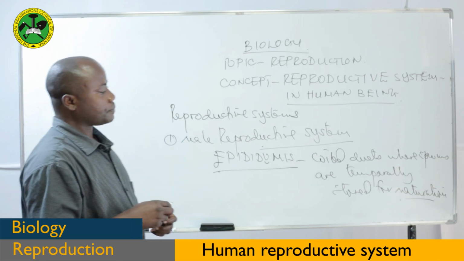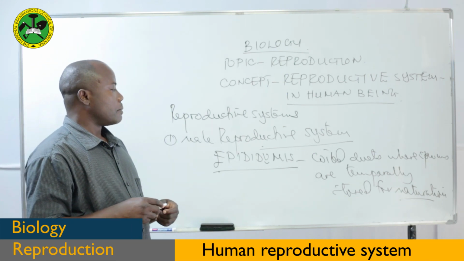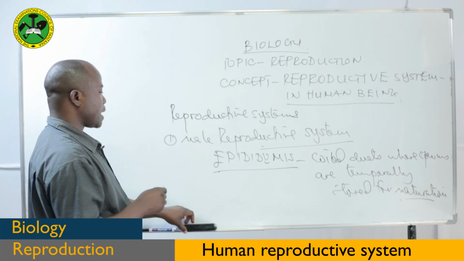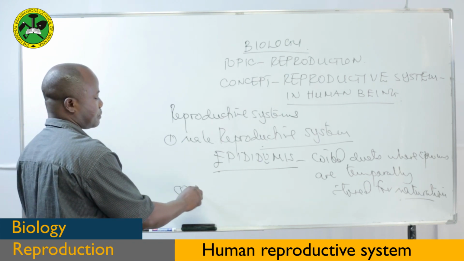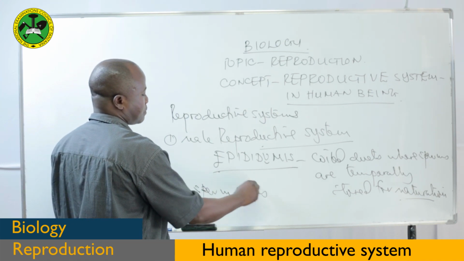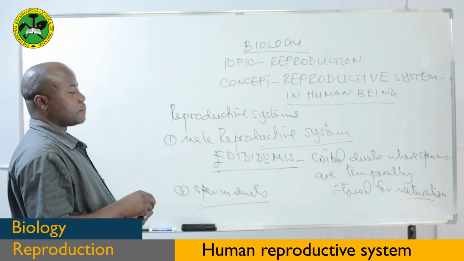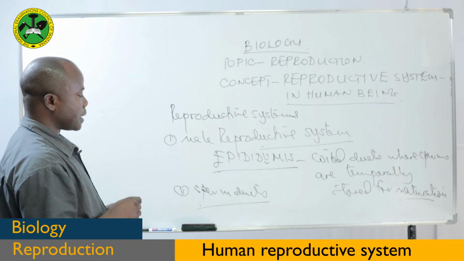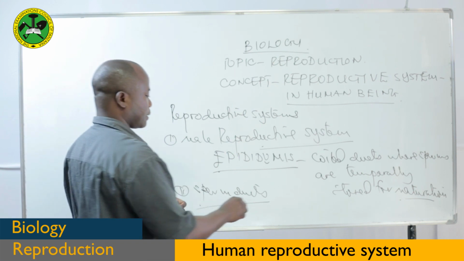Not only that, the male reproductive system also consists of the sperm ducts. The sperm ducts transport the spermatozoa from the epididymis to urethra.